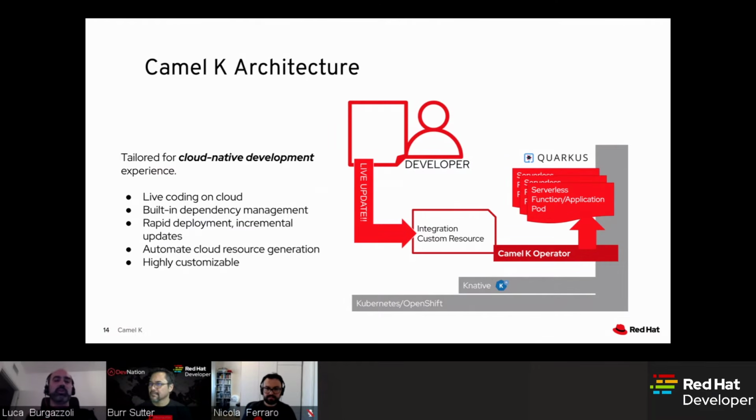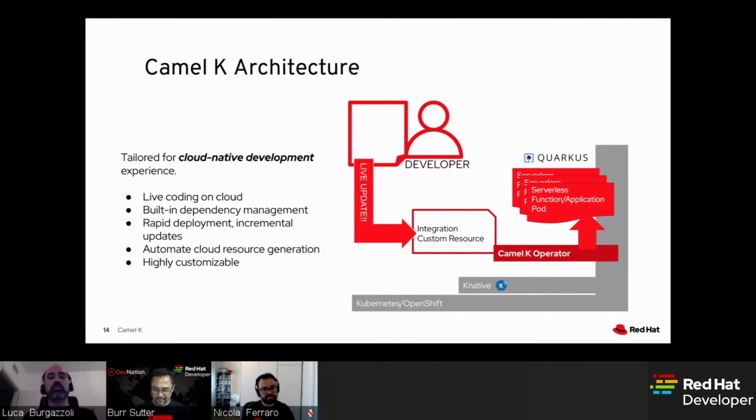But because we want to tailor Camel K for a true and good cloud-native development experience, we also support live coding. So you can configure the Camel K CLI to watch for changes to your local code and react to anything.